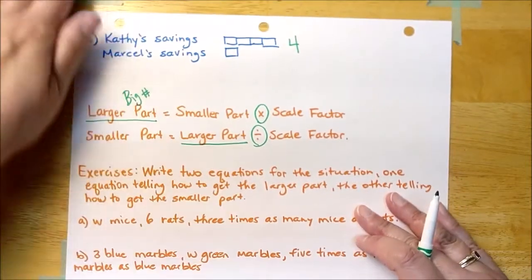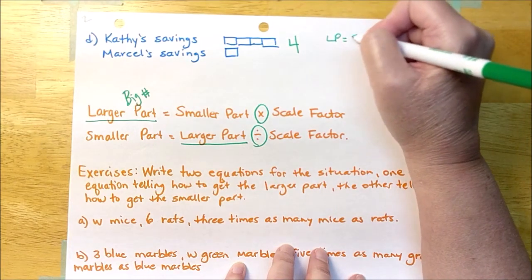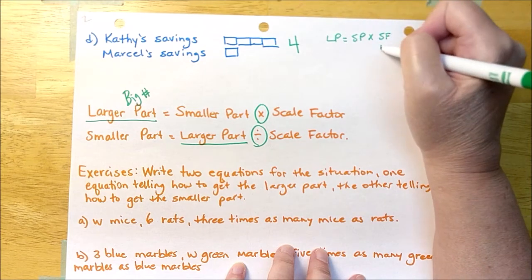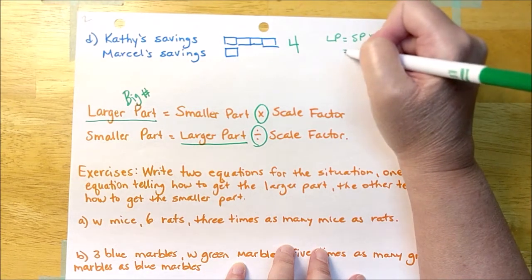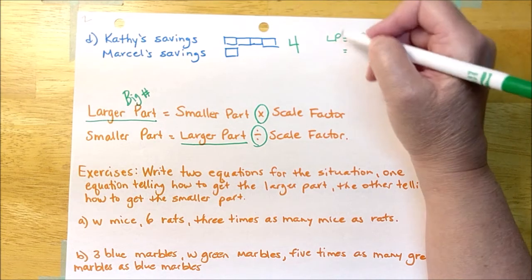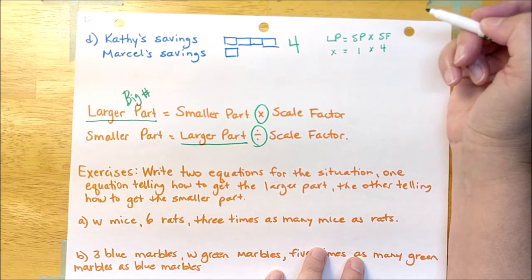And for the last one, Kathy's savings. My large part equals my small part times my scale factor, and my scale factor is 4. I don't know what my large part is, and I know my small part is 1.